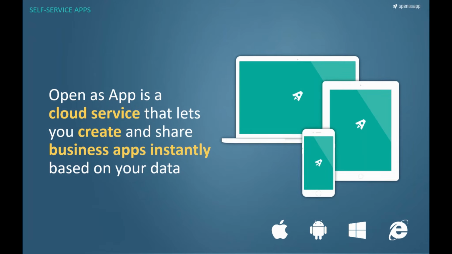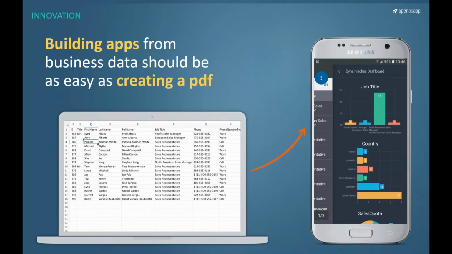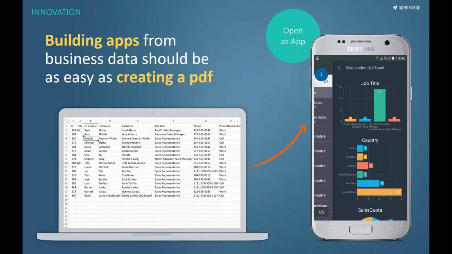We think that creating business apps from business data should be as easy as creating a PDF file. And we actually have the solution for that. And to prove that to you, I'm going to transform an Excel into an app in a minute. But let me just say a few words about how that works first without getting too technical. So basically, we extract the logic from the file, like formulas, like functions, like format.